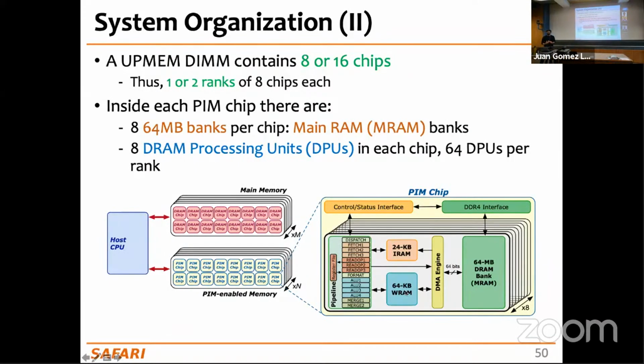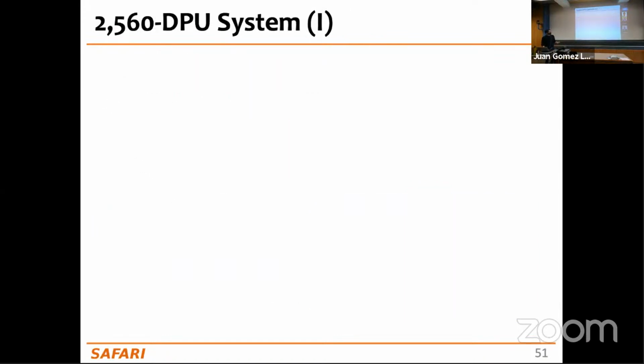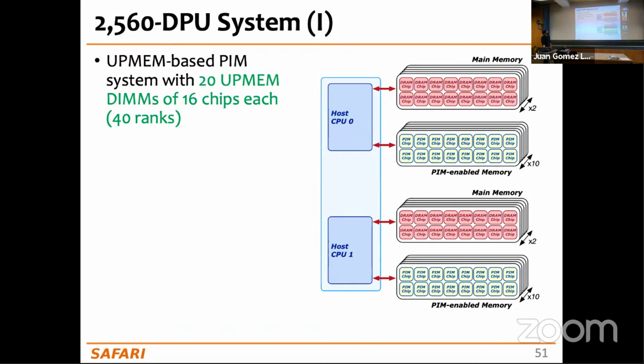We, as the programmers, can decide when to bring data or operands from the DRAM to the WRAM, and after having operated on these values, write the results to MRAM. As I said, it's similar to the way a hardware cache operates, but here all the control is in the programmer's hands.